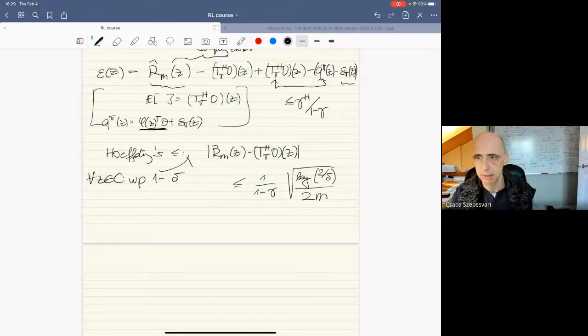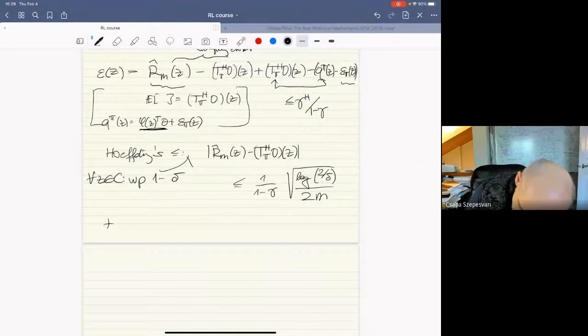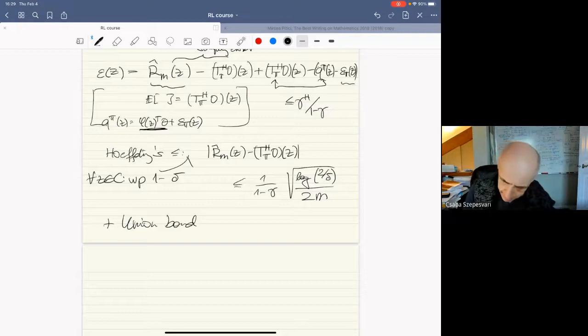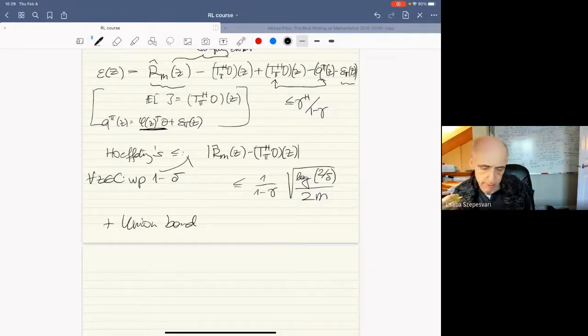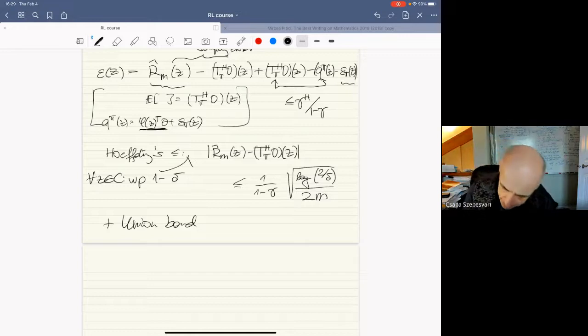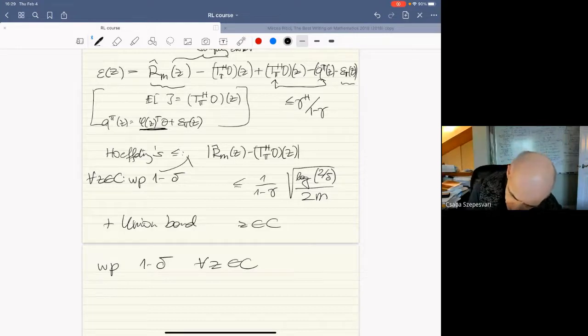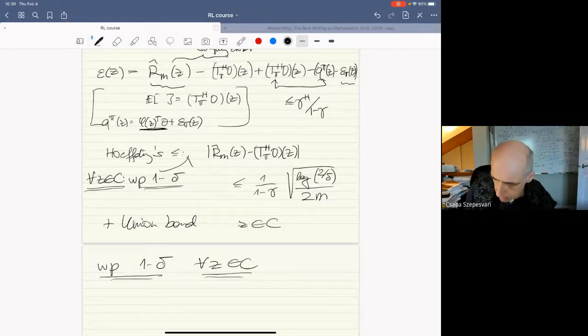We need to apply a union bound for that. So you just split the errors equally: this delta error probability is split equally across all z in C. Then you get that with probability 1 minus delta, for every z in C the following holds.